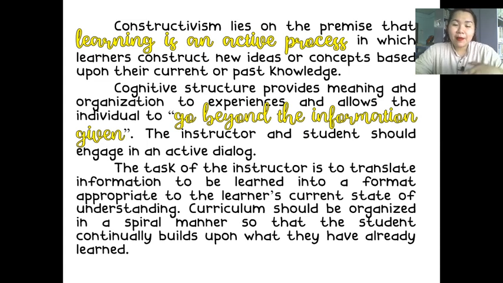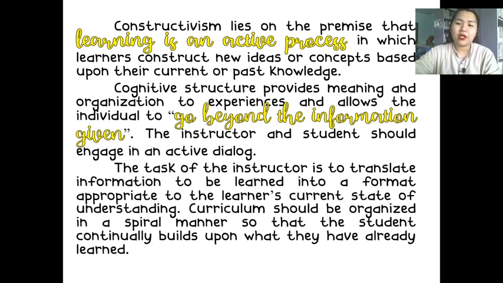Kasi nga, nababase niya sa kanyang personal experience at sa kanyang background knowledge. The instructor and student should engage in an active dialogue. The task of the instructor is to translate information to be learned into a format appropriate to the learner's current state of understanding. Okay? Then, curriculum should be organized in a spiral manner.